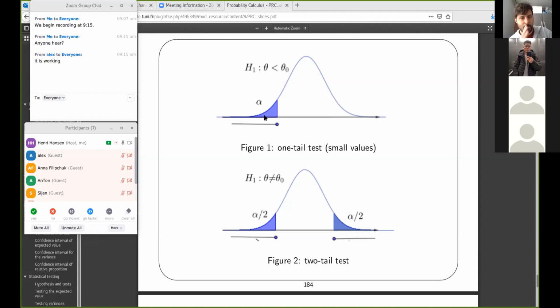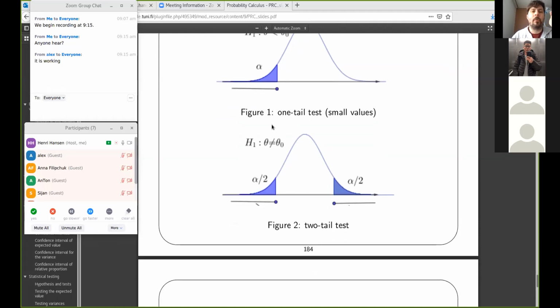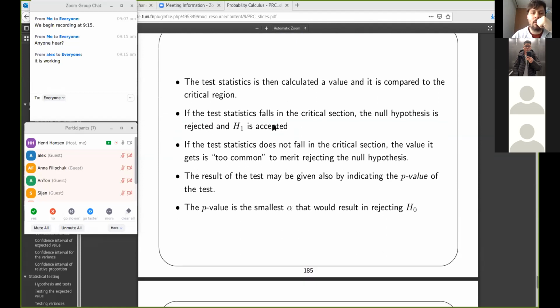The alpha probability, or the risk level, is the amount of probability mass here. So we are willing to tolerate this level of error. If we get a result like this, these are uncommon enough to merit us saying that this was not a fluke, because the probability of getting this result was so small.